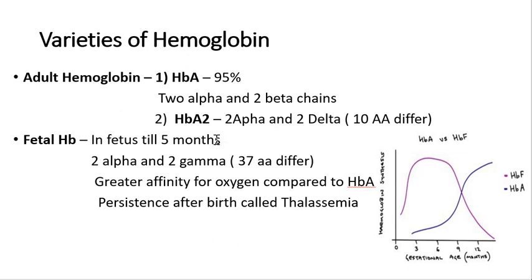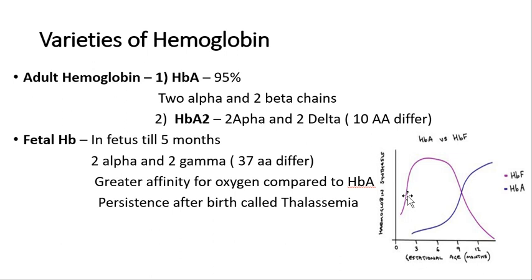Fetal hemoglobin is basically present during intrauterine life, and it has very high affinity for oxygen because the blood in the heart of the fetus is a mix of oxygenated and deoxygenated blood, since the fetal heart is not developed and there are holes, which you'll study in further classes.